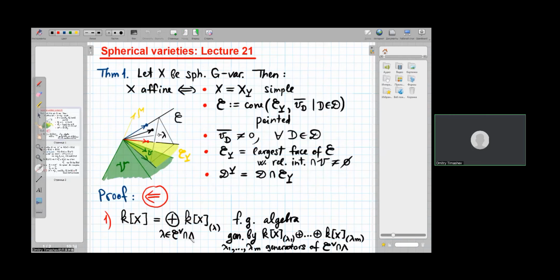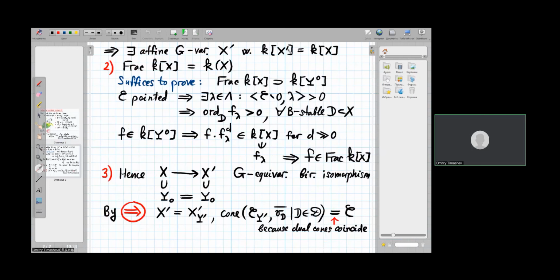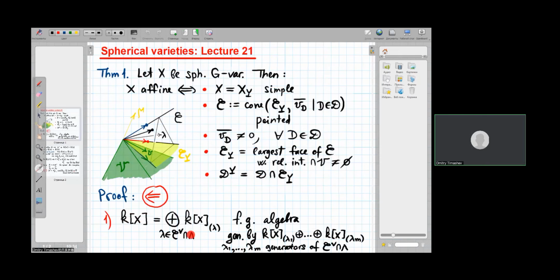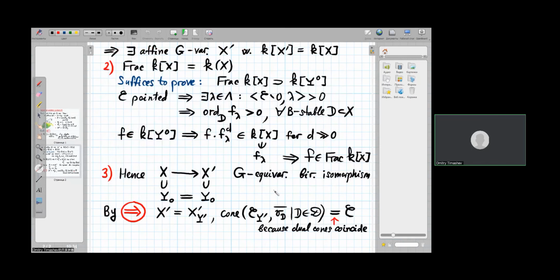The set of lattice vectors of the dual cone of C is exactly the set of weights such that the respective semi-invariant function is regular on X. And the same holds for X prime, of course. Since the coordinate algebras coincide, the respective semigroups coincide, and so the dual cones coincide. And since the dual cones coincide, the cones themselves coincide. So this is the argument here.